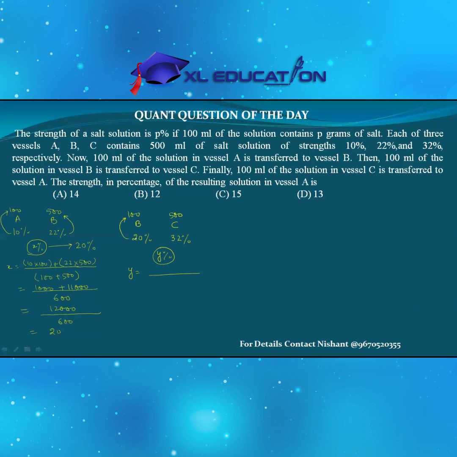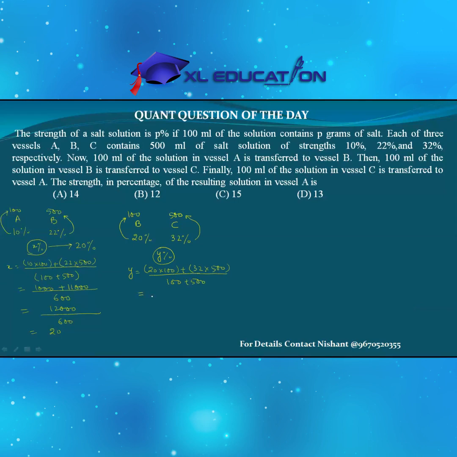Multiply these two numbers, 20 multiplied by 100, plus multiply these two, 32 multiplied by 500, divided by the addition of these two, so 100 plus 500.